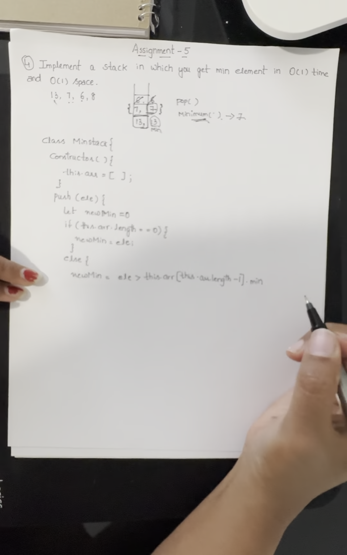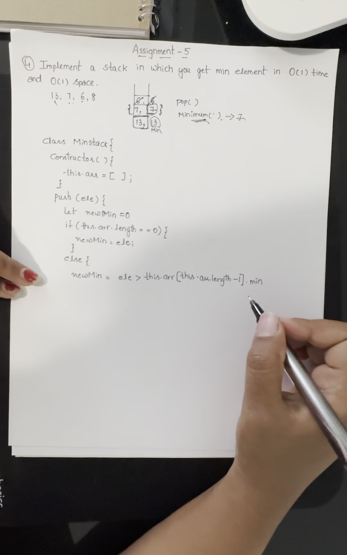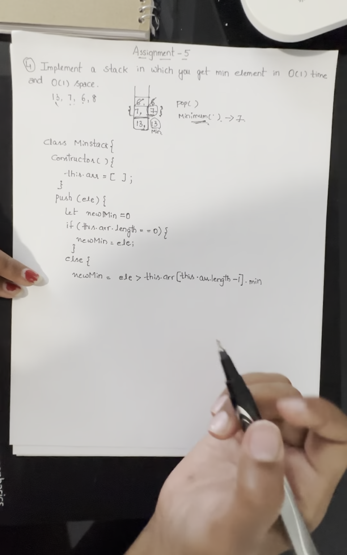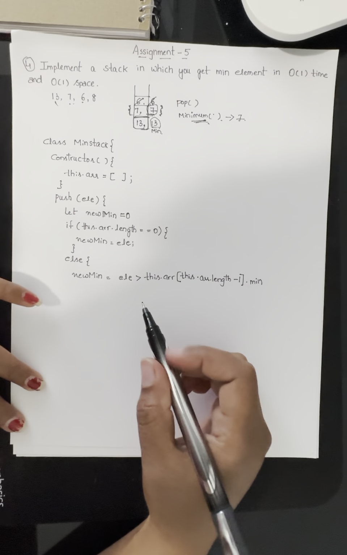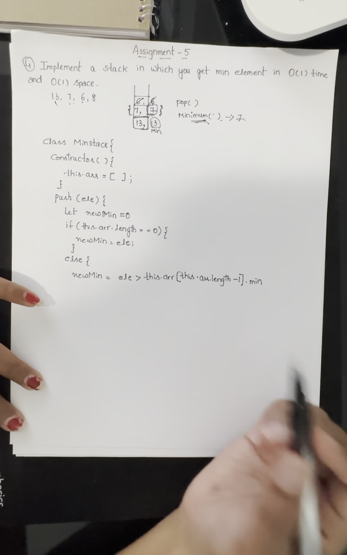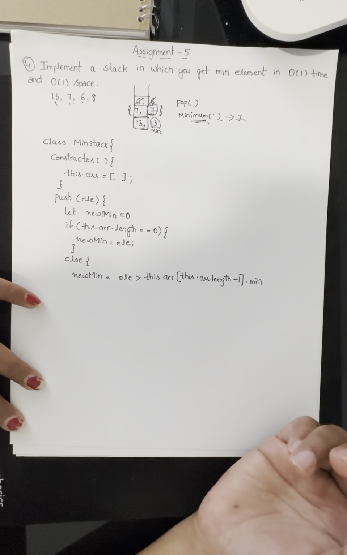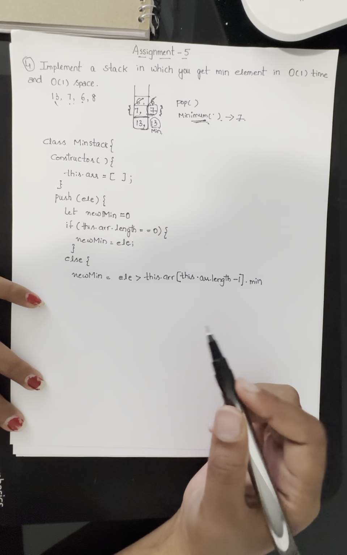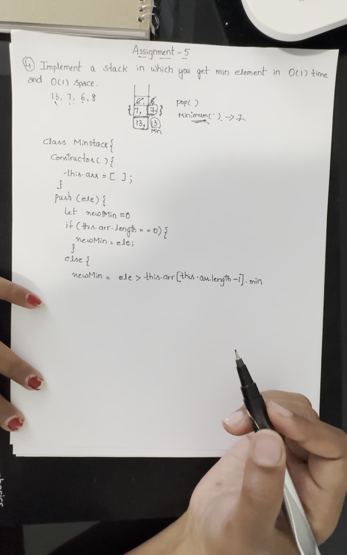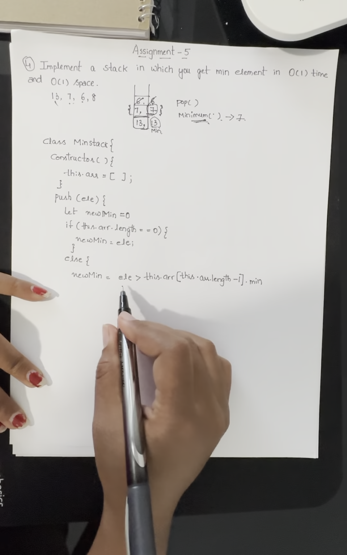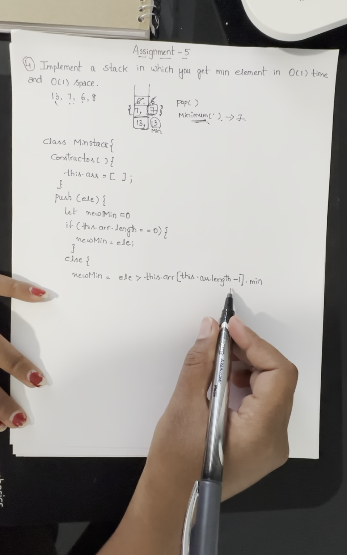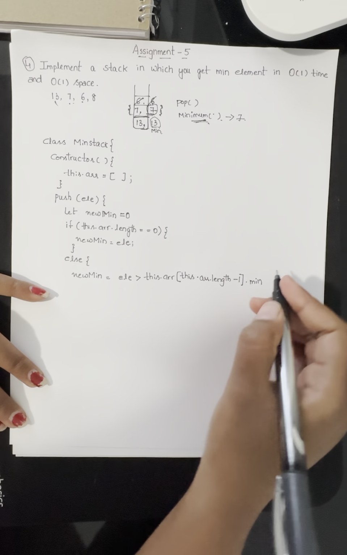So I am going to store the elements as an object. So in the object we have two entries, two key value pairs. One is for the element and the second one is the minimum. So we compare the element with the minimum of the previous element.